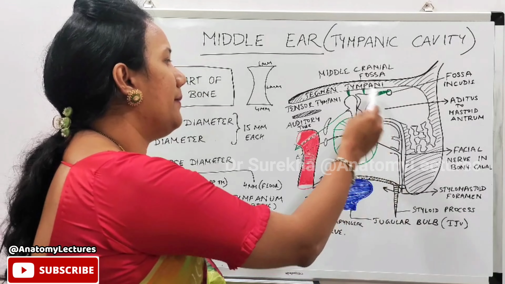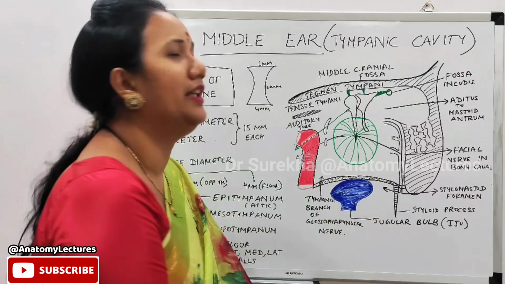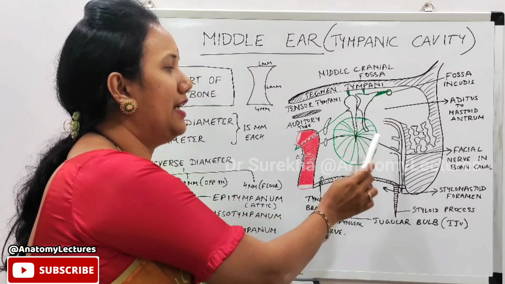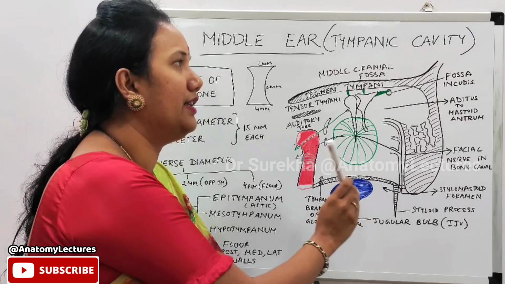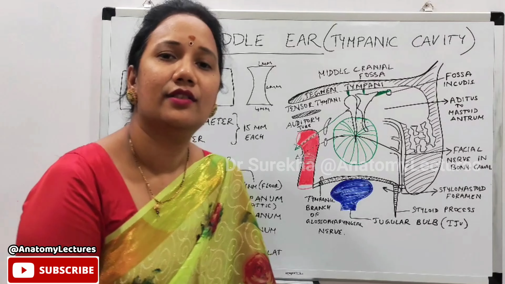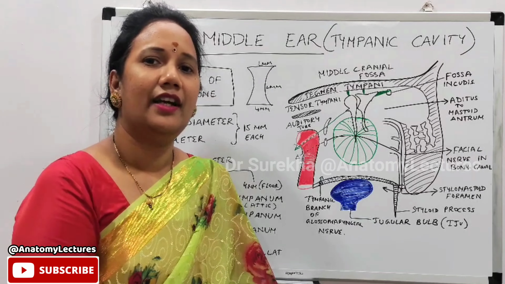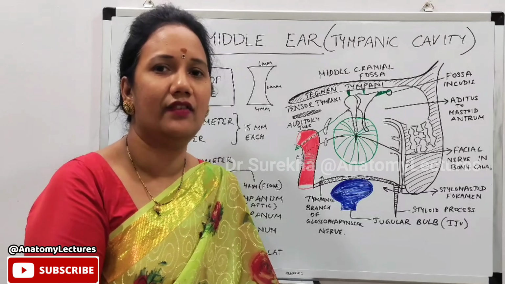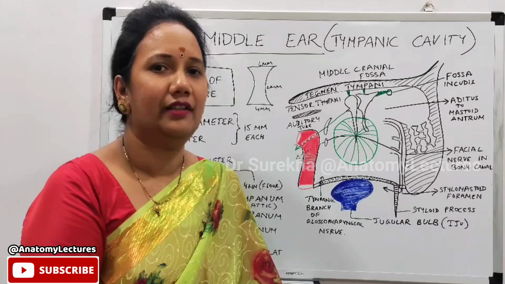Now let's have a look at the lateral wall of the tympanic cavity. So the part which is being shown here is the lateral wall of the tympanic cavity, that is the middle ear. The lateral wall of the middle ear is formed by the mucus covered medial surface of the tympanic membrane.